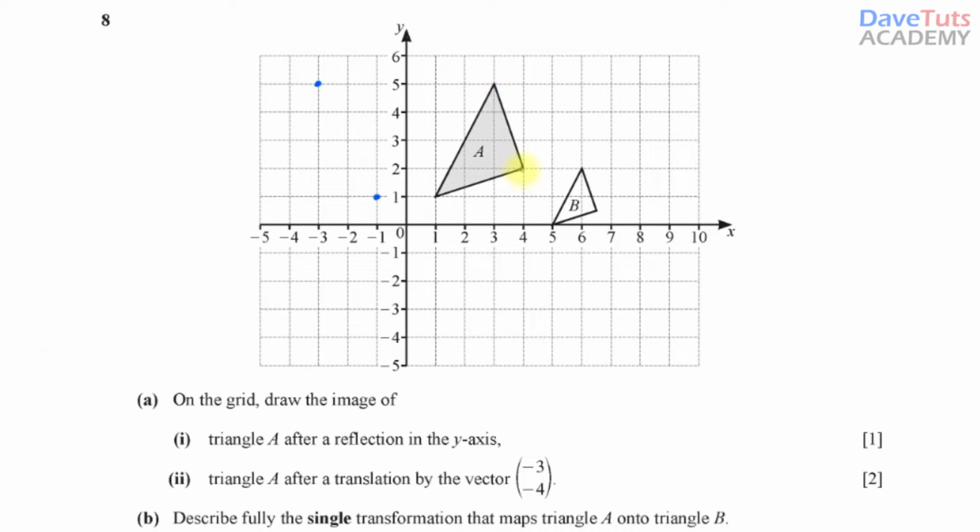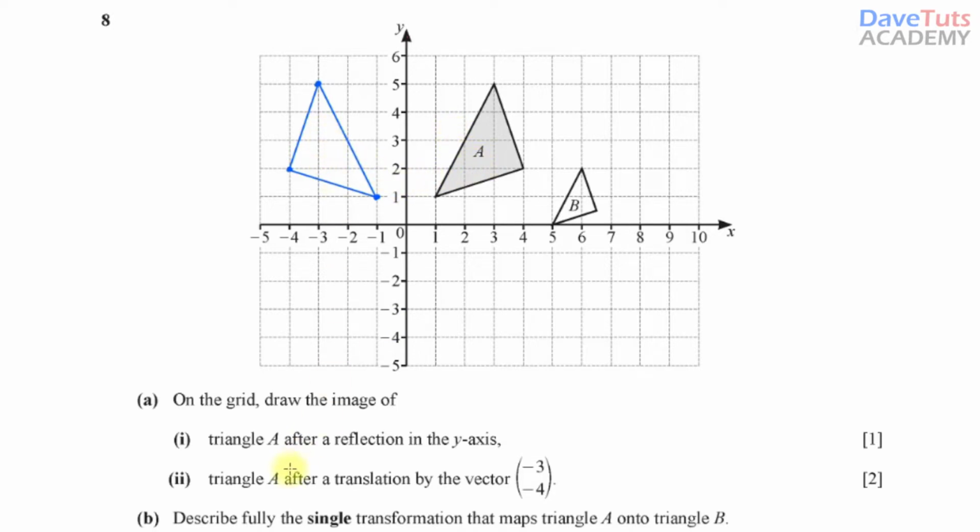Okay, and then this other one, it is 4, 2. So we have minus 4, 2. So these are the points that we need to join together that will give us what we are looking at. So something like this, and then join to here, and then join to here. That is going to give us the image of triangle A reflected in the y-axis.